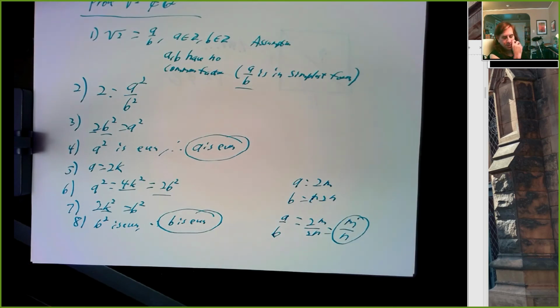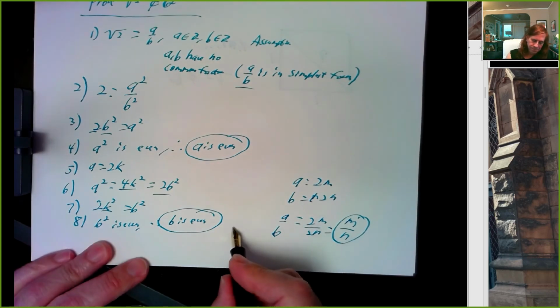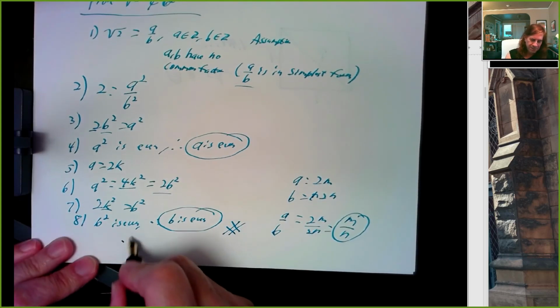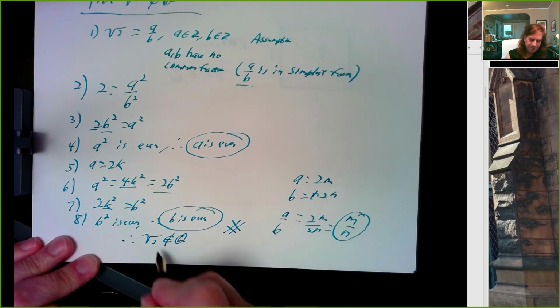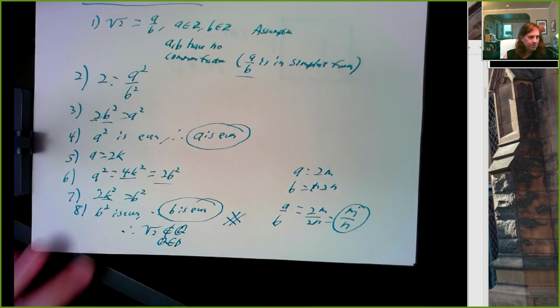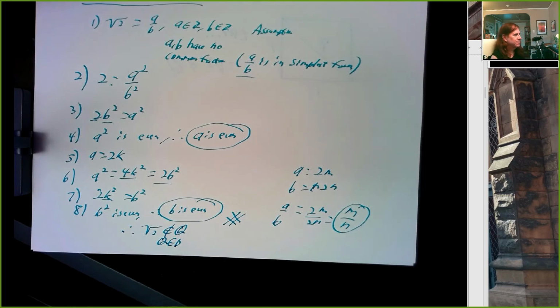And that contradicts our original assumption. Therefore, the square root of 2 is not a rational number. And that's the end of our proof.